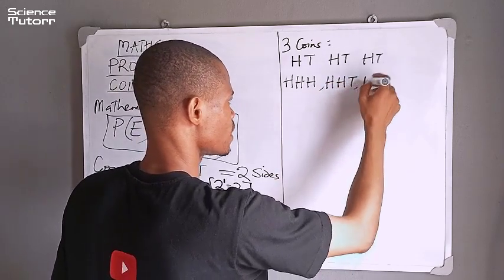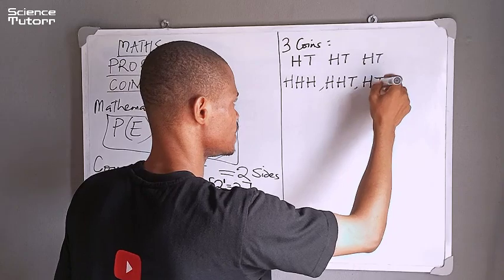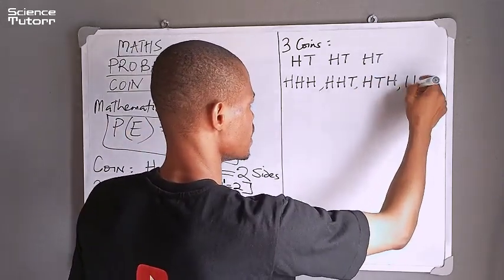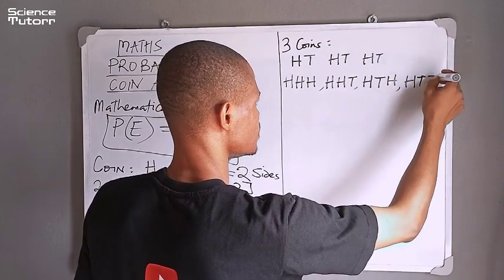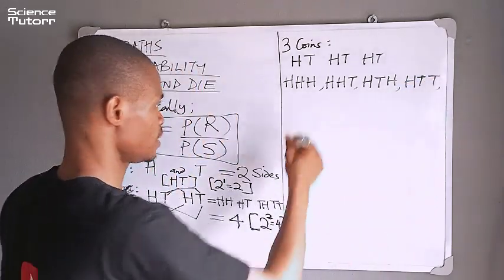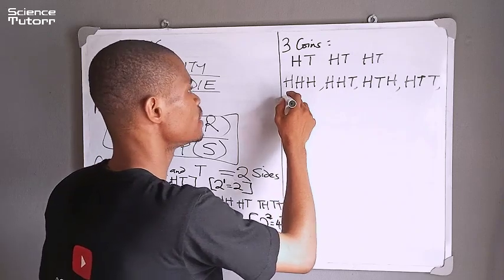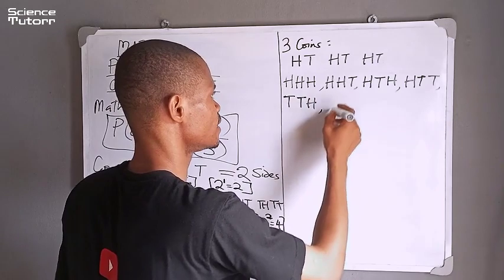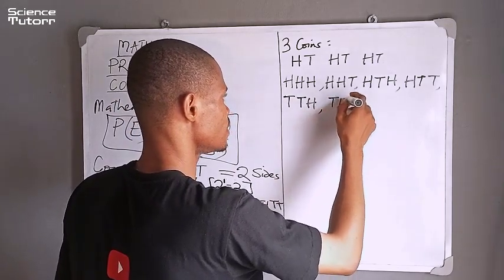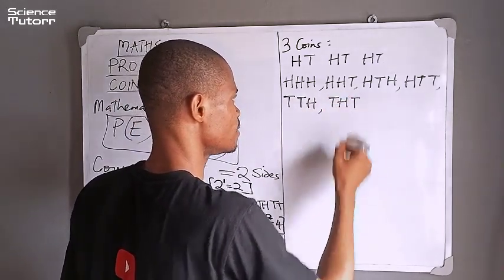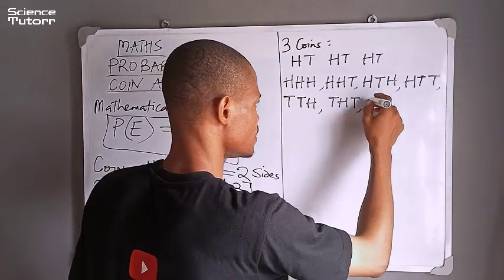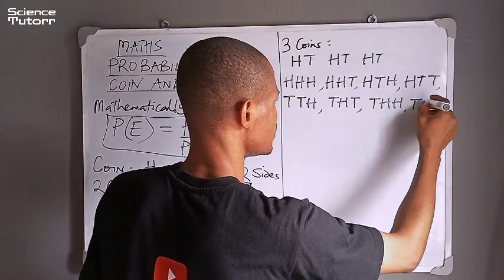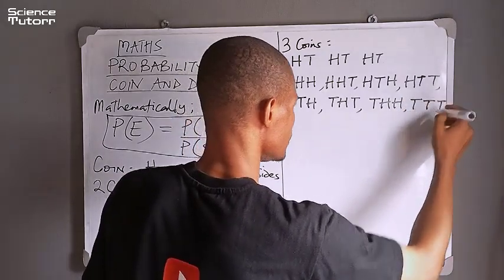We can also have tail, head, head. We can also have head, tail, tail. We can have tail, tail, head, tail, head, tail, and tail, tail, tail.